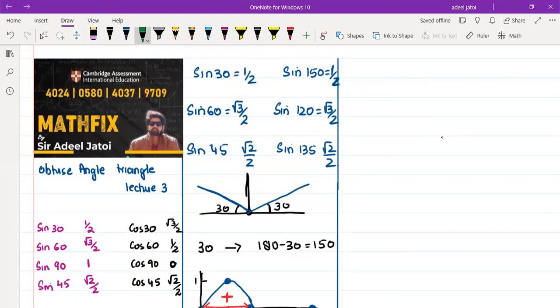But 180 minus 60, we get 120. So the answer of 120 will be same as sine 60, which is under root 3 upon 2. Sine 45, and then we have 180 minus 45. So that means sine 135. So 135 will also have under root 2 upon 2.